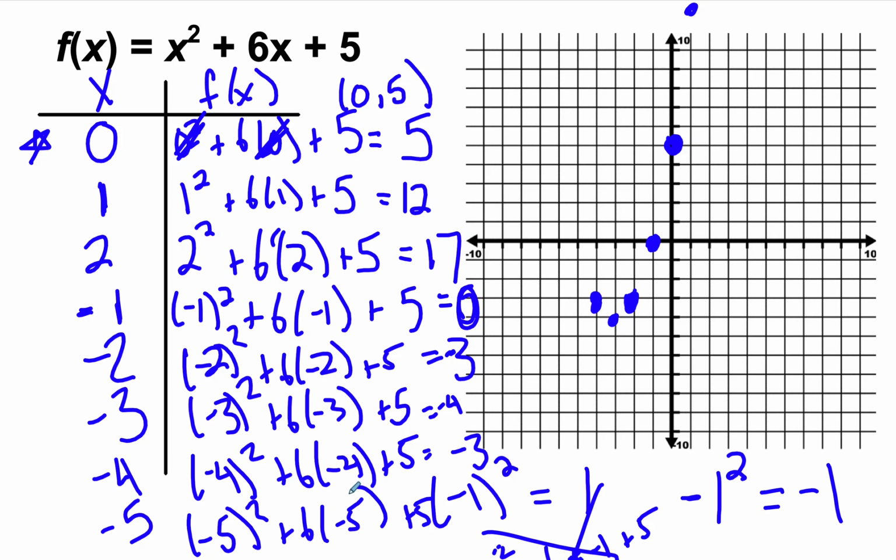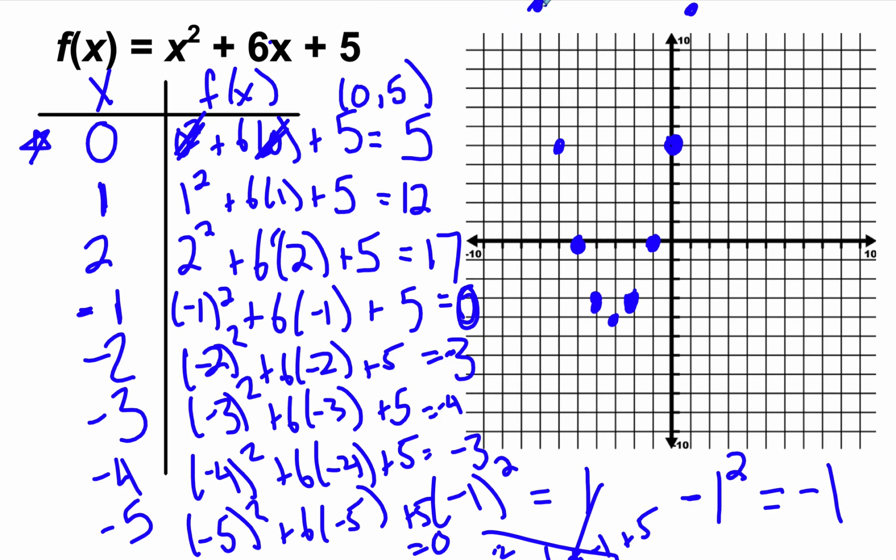That is going to be 25 minus 30, that's negative 5, plus 5 is 0. And chances are when I plug in negative 6, I'll also get 0. I know that's true because this will be 36. This will be 6 times negative 6, that's negative 36. So I'll have 36 minus 36 is 0, plus 5 is 5.